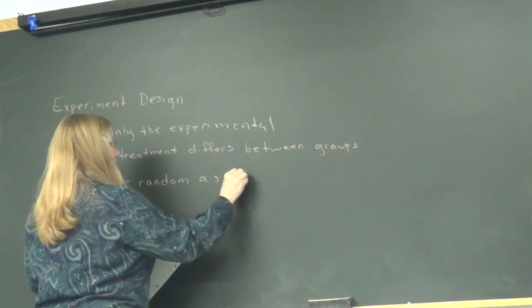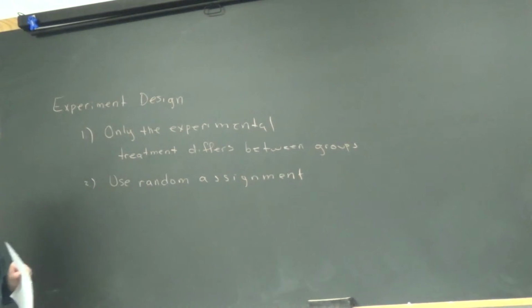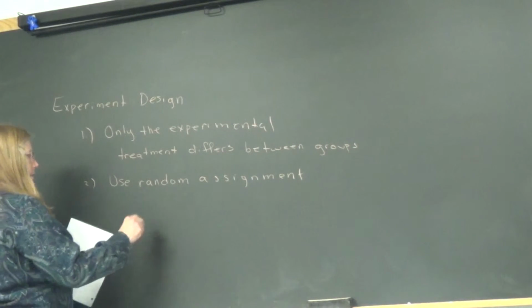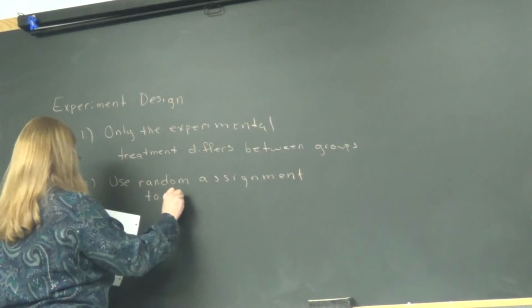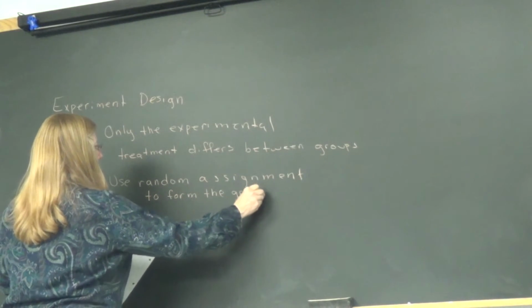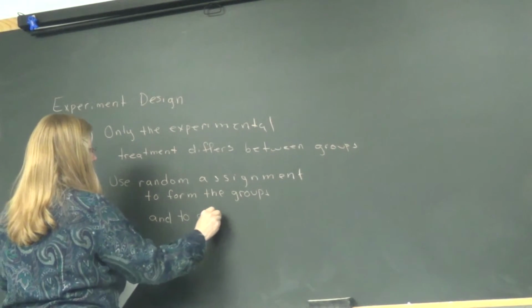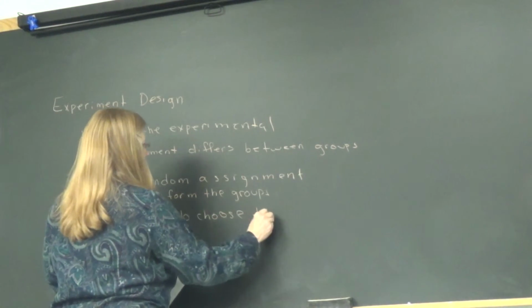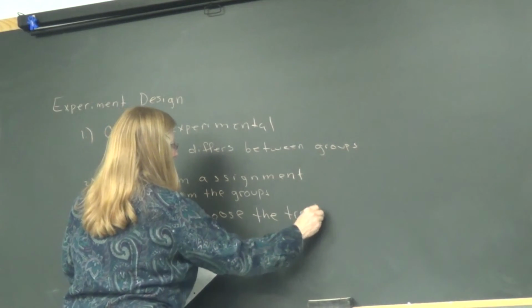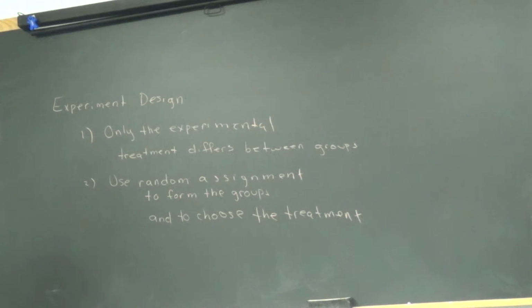When you have 2 groups and one's going to have the variable administered to it and the other isn't, you're going to use random methods to assign the treatment. In your random design, there's 2 steps that have to be random.